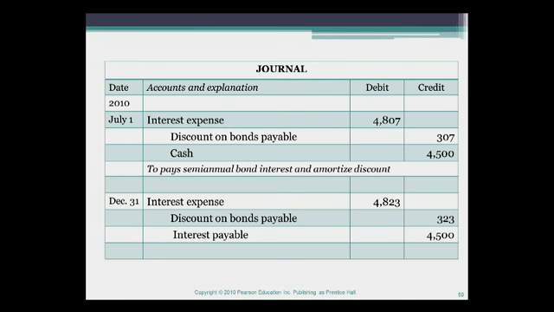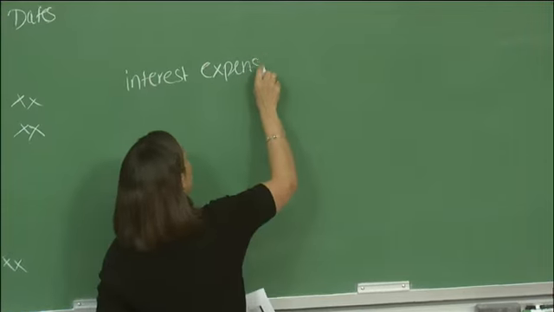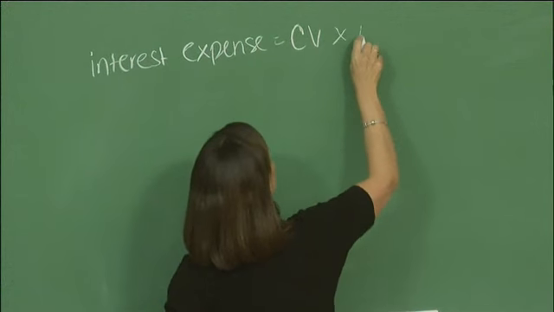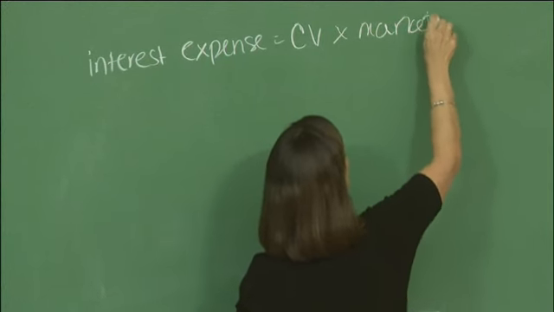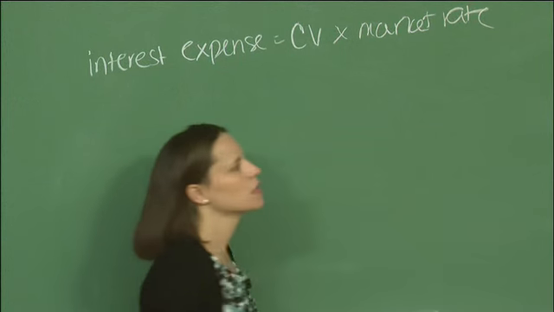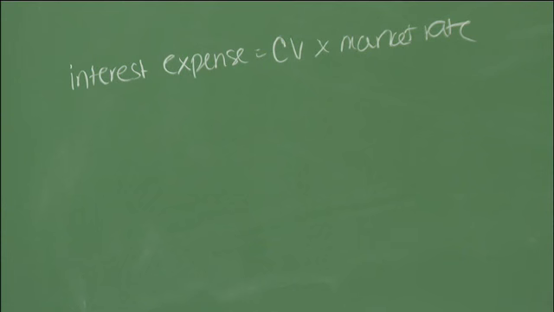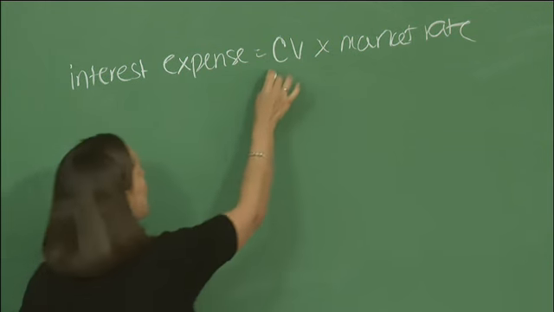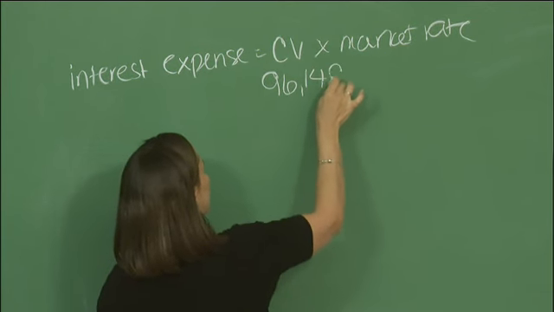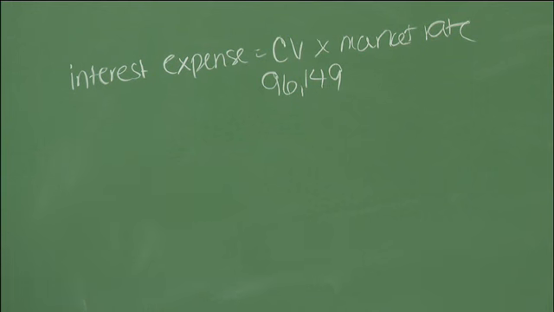So interest expense equals the carrying value times the market rate of interest. For our first interest period, what is the carrying value of the bond? The $96,149. Carrying value for the first interest payment is just the issue price because it's that maturity value of $100,000 minus the unamortized discount.